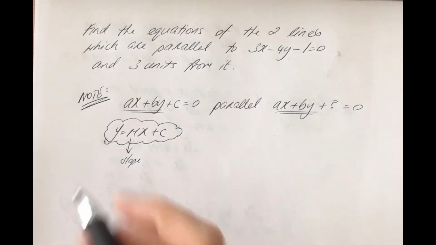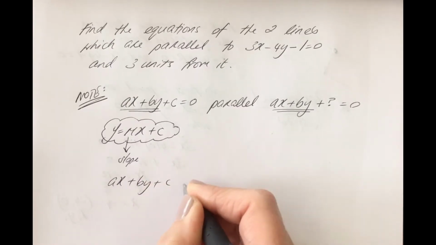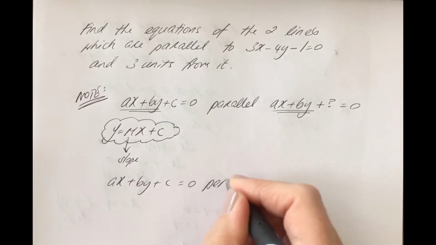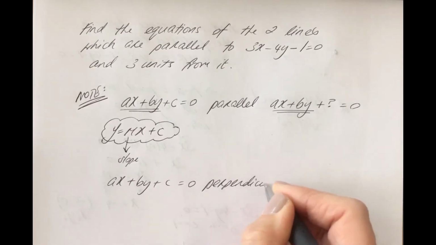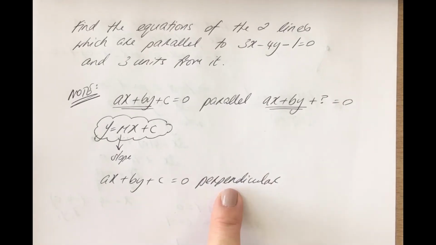Now, also, if you have the equation of the line, let's go back to this again, ax plus by plus c equals 0, but you know you want a line perpendicular, then the relationship, of course, between perpendicular slopes is, if you want to find a perpendicular slope, you need to flip and change the sign.